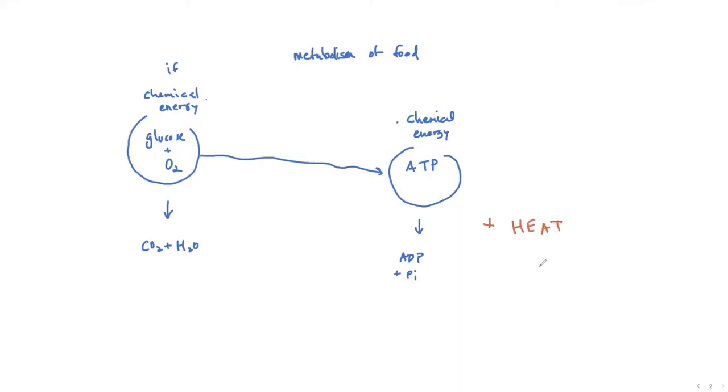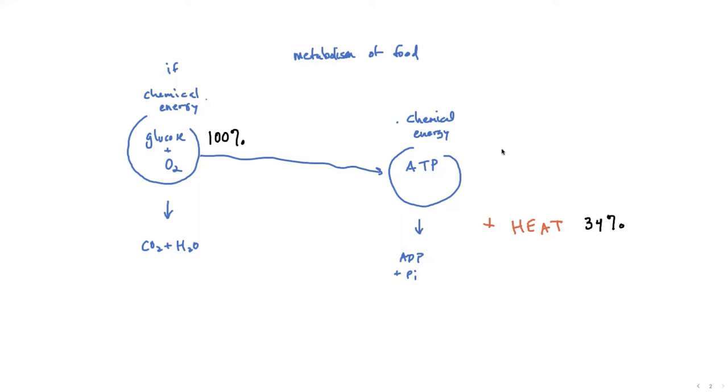Now, as it turns out, we have to have heat produced in order to satisfy the second law. In the overall breakdown of things, the amount of heat produced is about 34% of all the energy that's there on the right-hand side. If we have 100%, we have to account for 100% of the chemical energy that's released when we convert glucose into carbon dioxide.